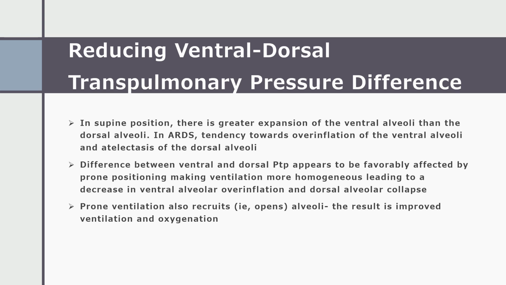The difference between ventral and dorsal transpulmonary pressure appears to be favorably affected by prone position, making ventilation more homogeneous, leading to a decrease in ventral alveolar overinflation and dorsal alveolar collapse. By this, prone ventilation recruits alveoli that limits ventilator-associated lung injury from overdistension and cyclic atelectasis, hence improved ventilation and oxygenation.